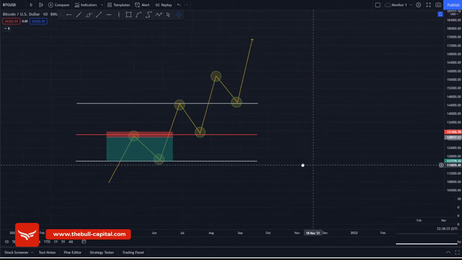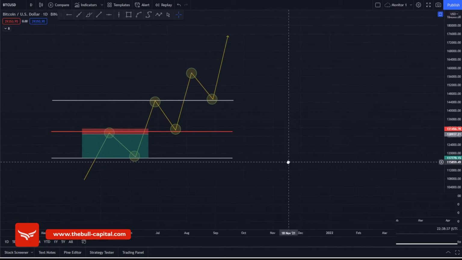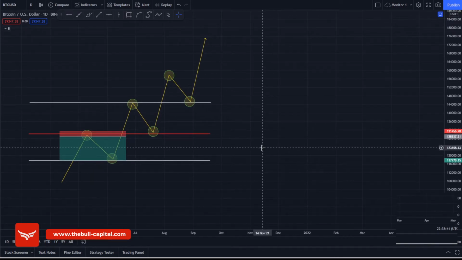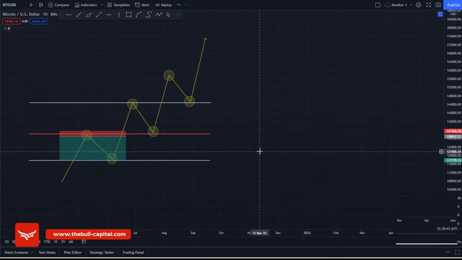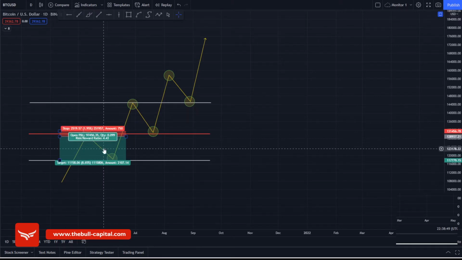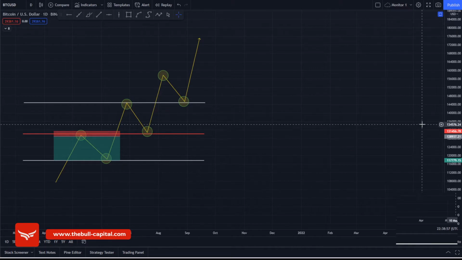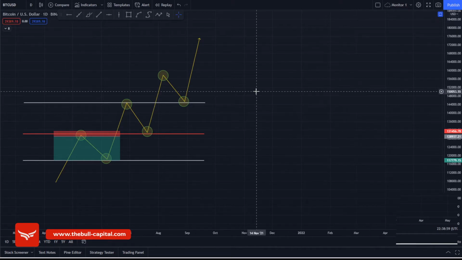But I'm going to make another drawing next to it because I want to talk about the smaller swings inside this swing. It's very important how to take profits, where you should take profits along the way.